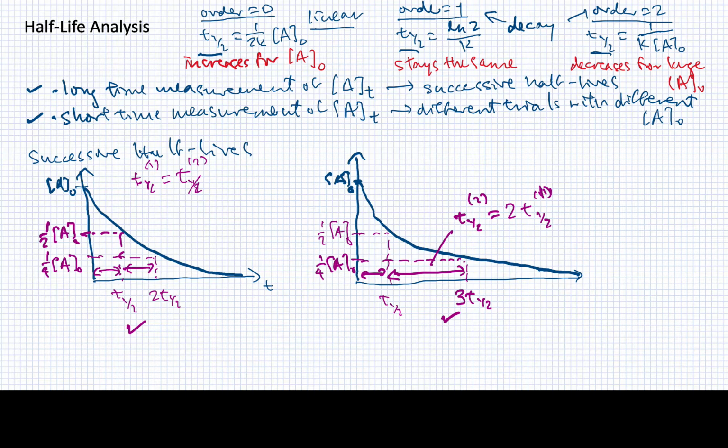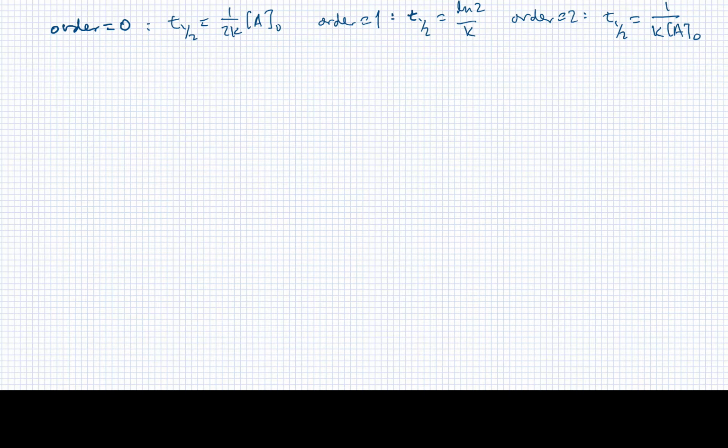All right, so how would we use the second of these methods, using half-lives, to determine a rate order? Well, I've got the results for the half-lives written up here, and in essence, what we're going to do in this case is measure the first half-life.